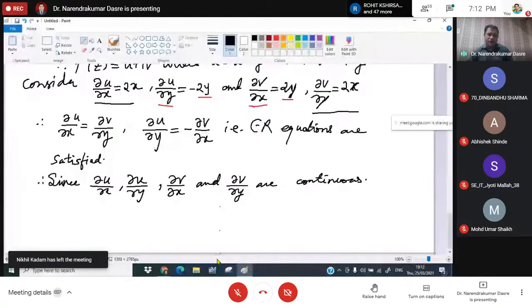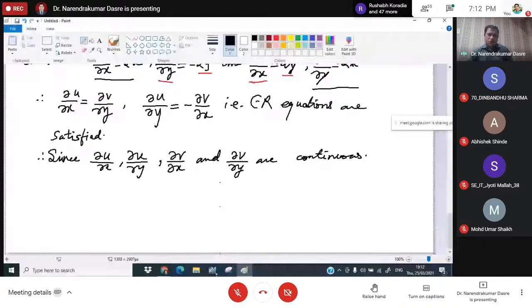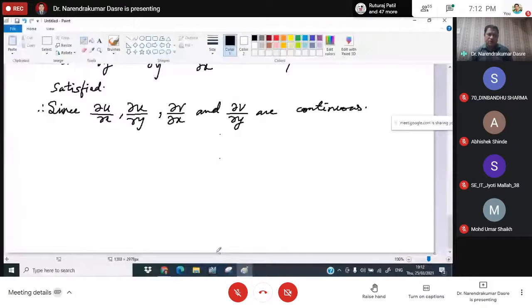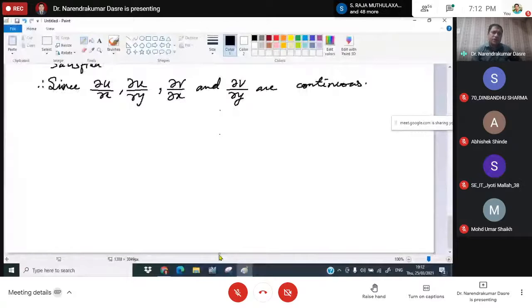And if it is analytic, then we are able to find its derivative. We have already calculated the first order derivatives of u and v, so using u and v, we are able to calculate f dash of z.